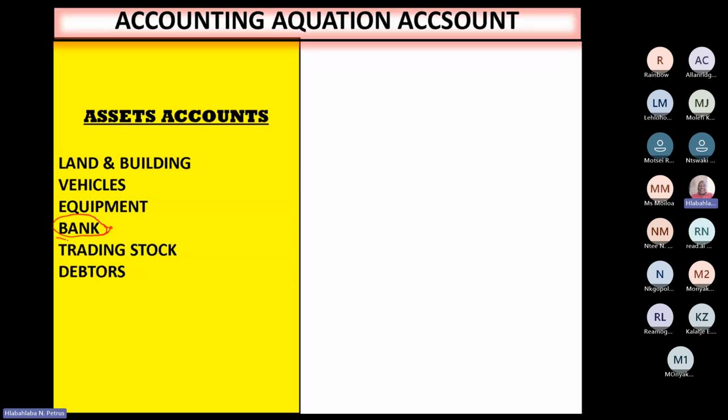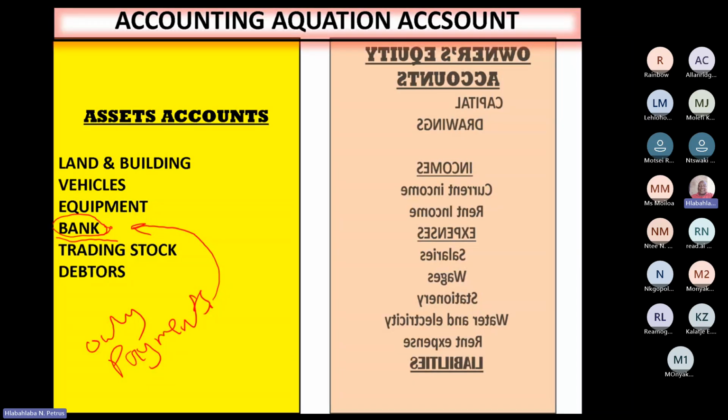This is the one that we are going to deal with mostly when we do the accounting equation of cash payment, because we are going to deal with only payments. So our focus will mainly be on the bank, because you pay directly through the bank.